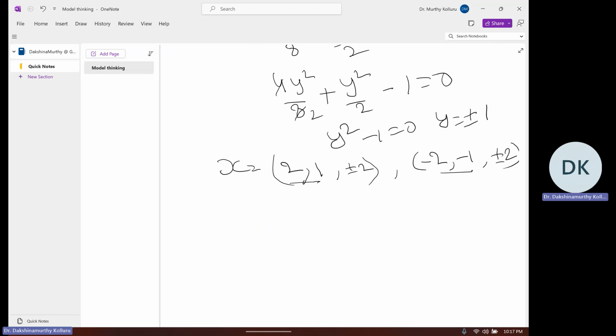We need to figure out the Hessian to see whether the critical points are minima or maxima. So now, as usual, what is our equation h of x, y, lambda?